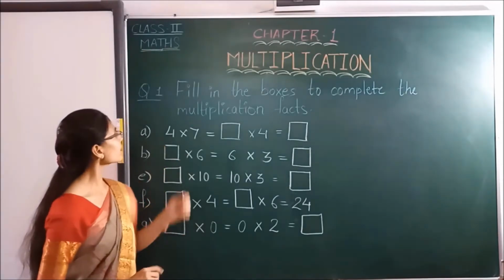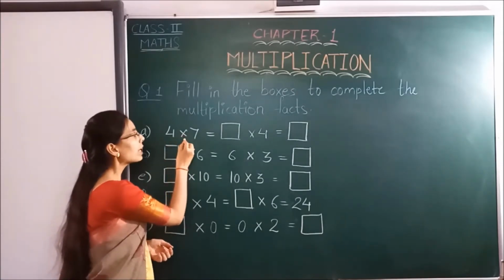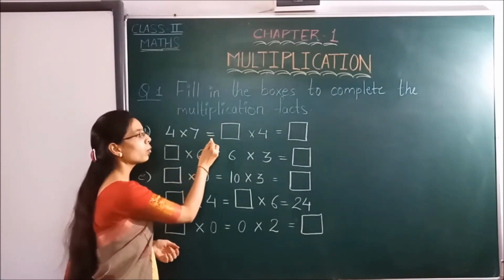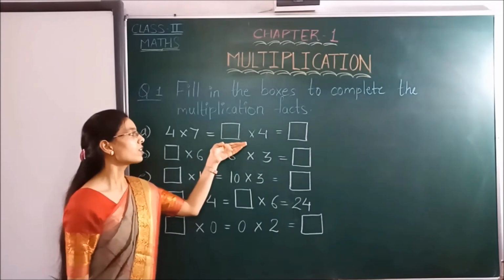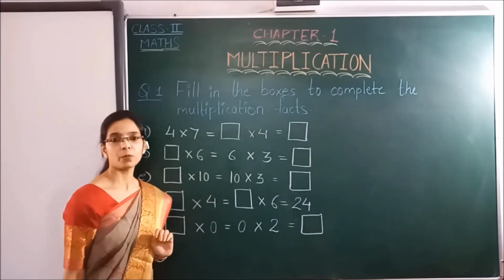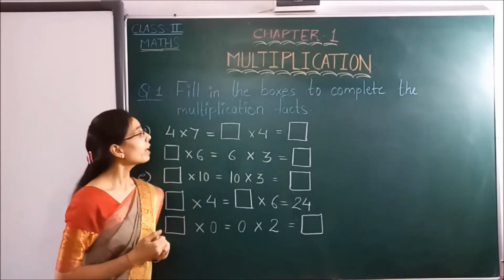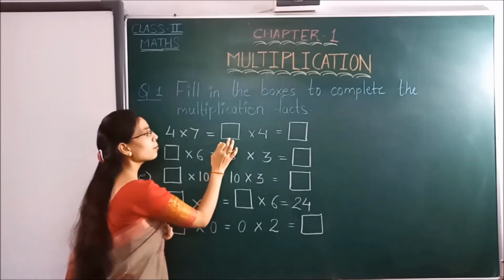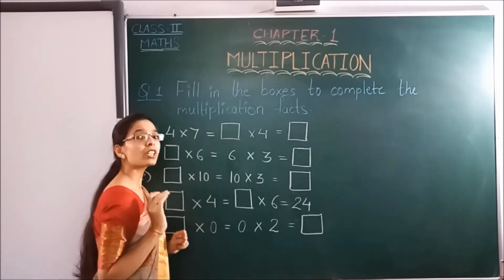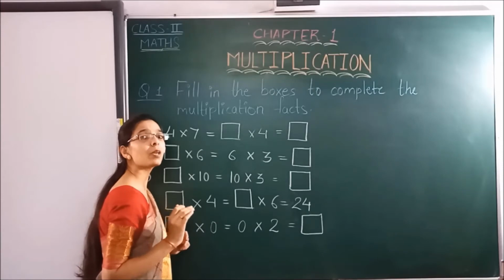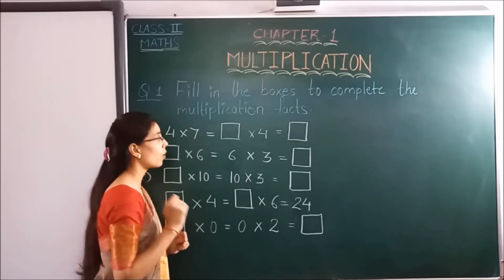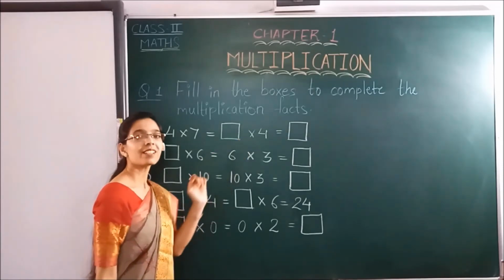So A is here. 4 multiplied by 7 is equals to dash multiplied by 4. So we have to find which number is missing here. The product of the numbers remain the same even if we change the order. Here only order is changed.